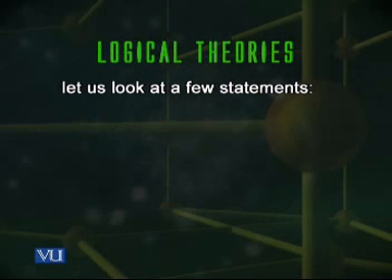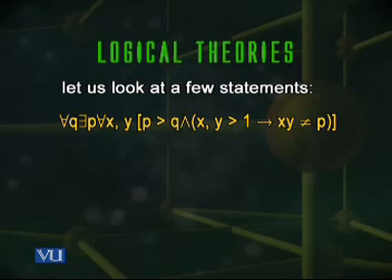The first statement says, and let's first read it formally, that for all q, there exists a p, so that for all x, y, p is greater than q, and if x and y are greater than 1, that implies that x times y is not equal to p. This statement looks very mysterious, but let's analyze small parts of it and see what it's saying.